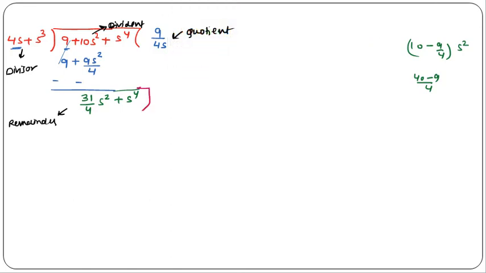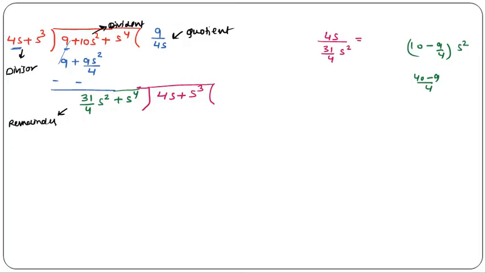So now the previous divisor will become the dividend. So now it will be 4 of s plus s cube. Now we will continue the division. Let us divide the first term. So we are getting, let me write here, 4 into s divided by 31 by 4 into s square.